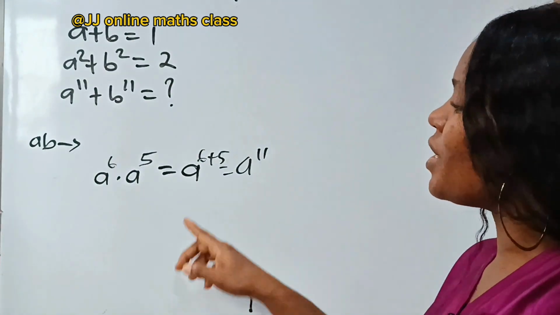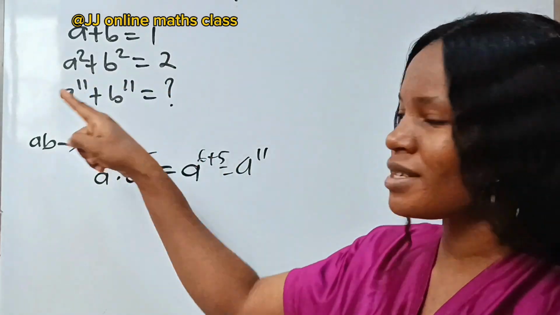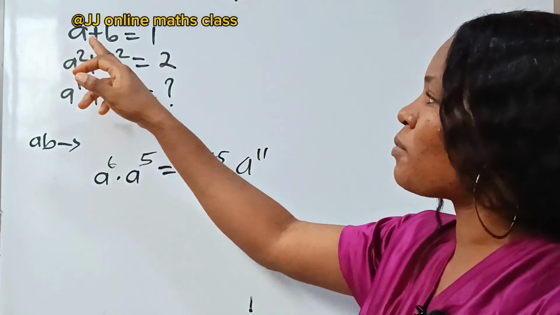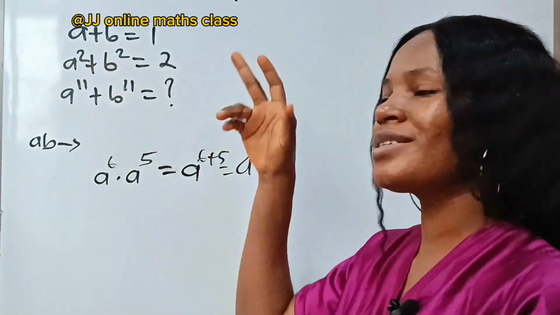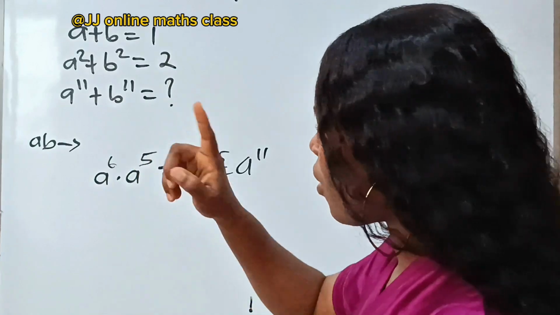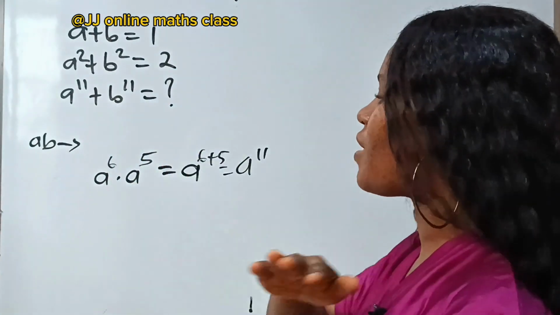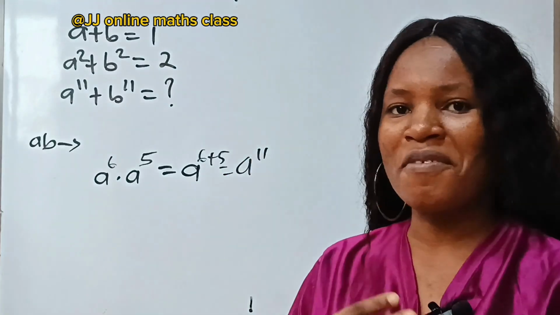That means we need a to the power of 6 and a to the power of 5. We are given that a plus b is this, and a squared plus b squared is that. So let's manipulate these to arrive at a to the power of 6 and a to the power of 5. Then we'll multiply them together to get our a to the power of 11 and b to the power of 11.